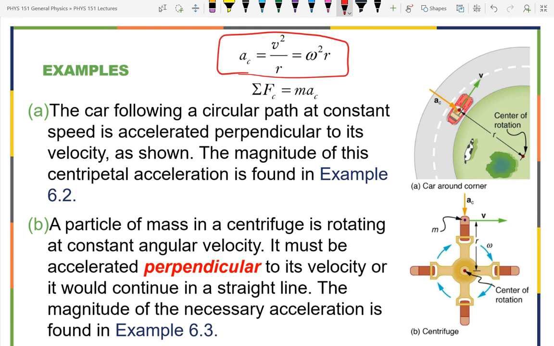So the sum of the forces toward the center, according to Newton's second law, is equal to the mass times the acceleration toward the center. We have a name for the sum of the forces toward the center. We call it the centripetal force. But the centripetal force is not a force that acts on an object. What is it according to that equation?